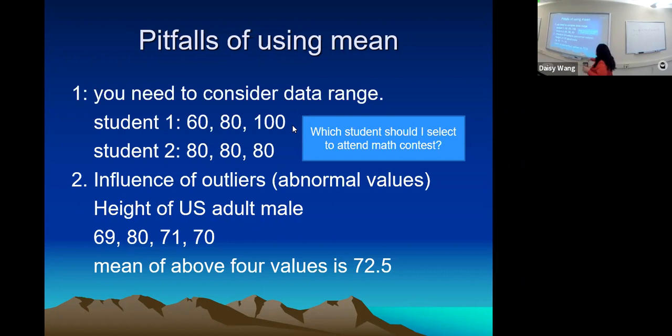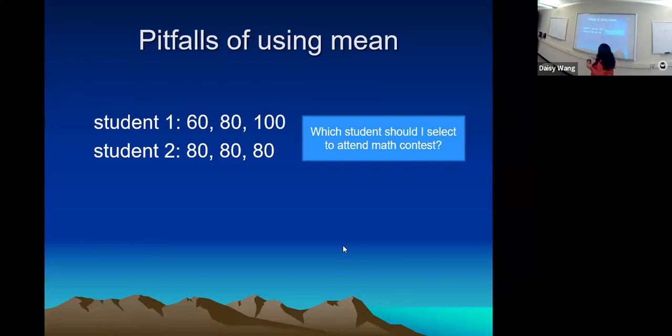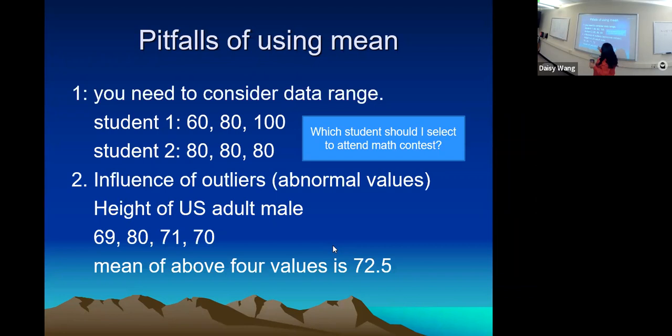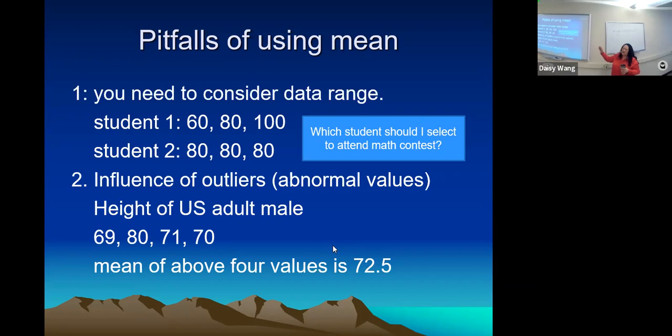Oh yeah, okay, so if we don't include the outliers, the average here is 70 inches, right? But if we include the outliers, then the average is 72.5, which is a little bit higher than what we saw from the previous data.